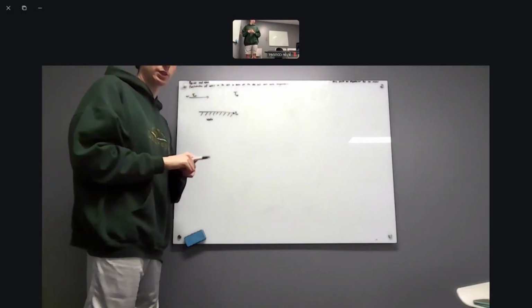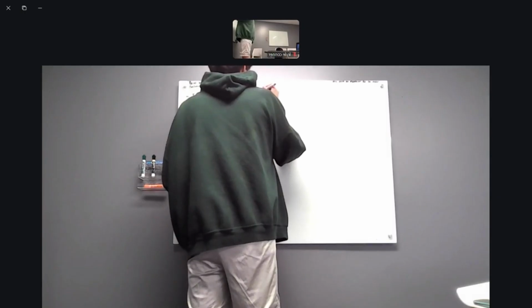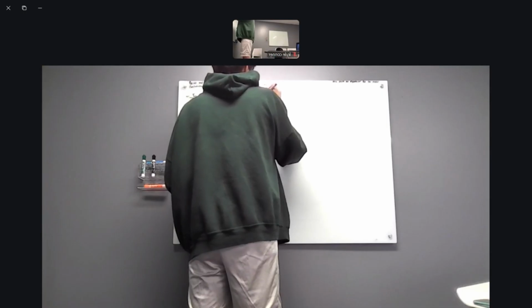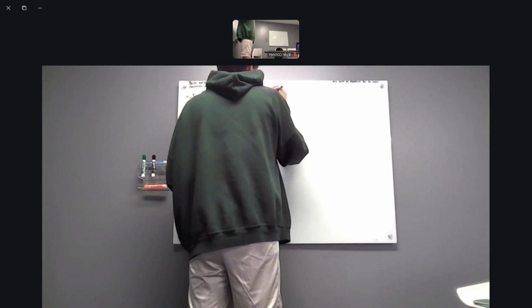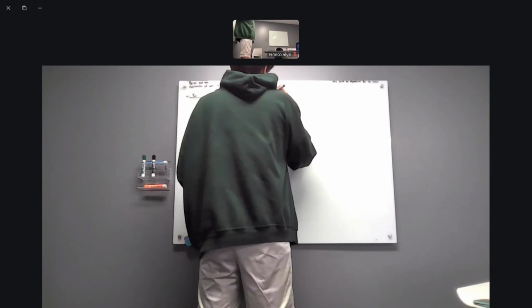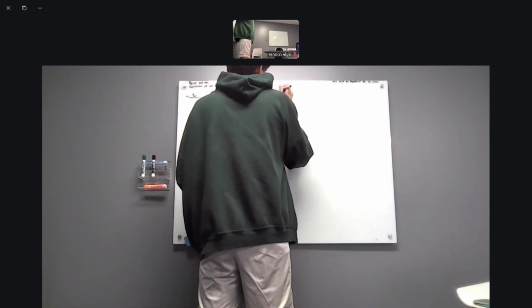So let's draw our equations. So we have our heat transfer coefficient times our area, and then we have T of the air minus T of the water.